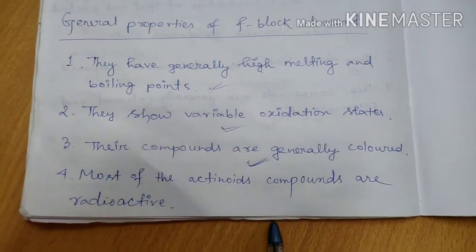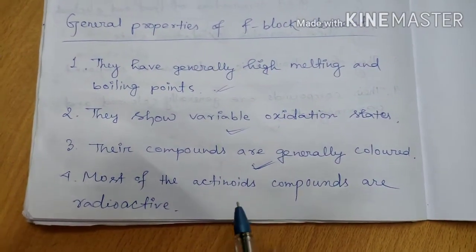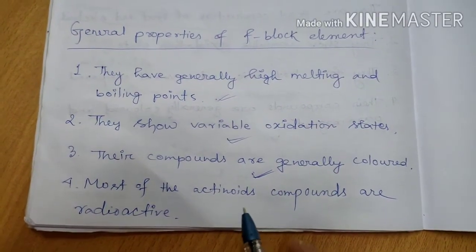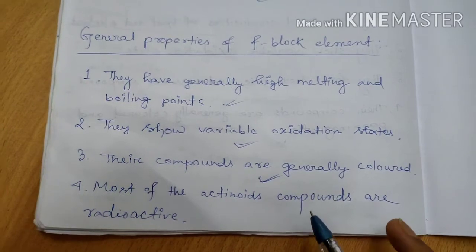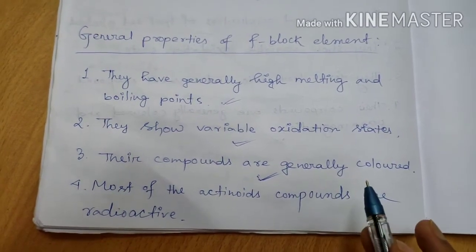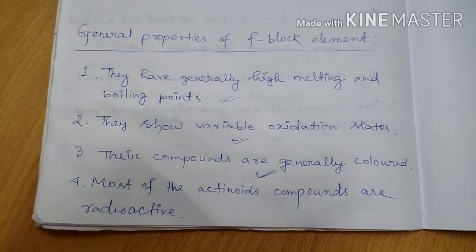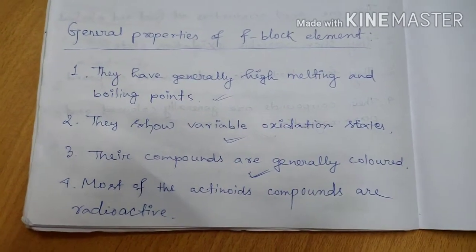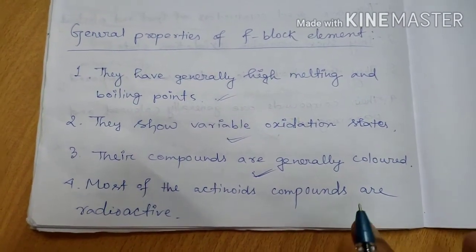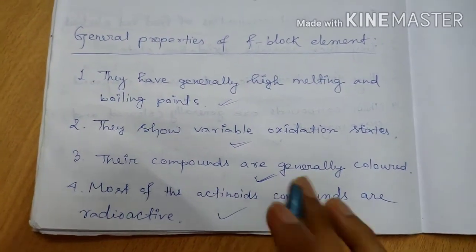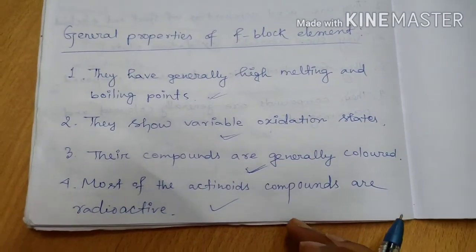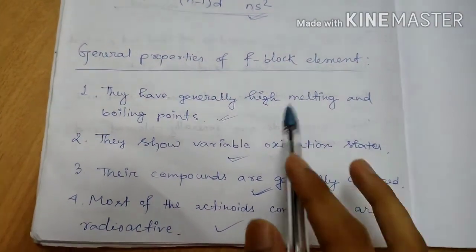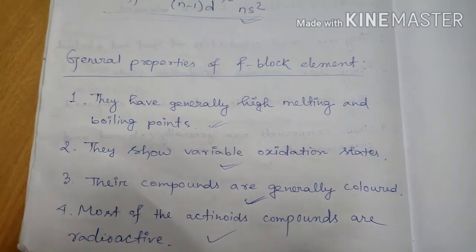So in the 5f series, that is the actinoid series, the elements are radioactive. So these are the properties of f block elements.